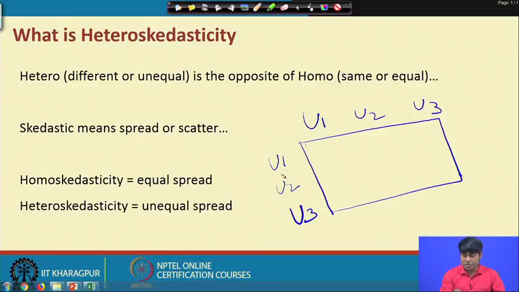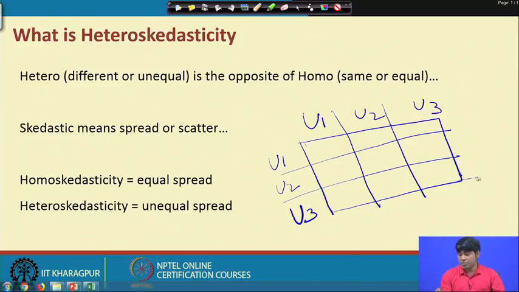Since there are 3 error variables, the variance covariance matrix with respect to all these 3 variables will be a 3 into 3 matrix.